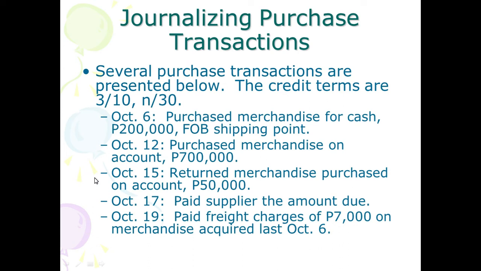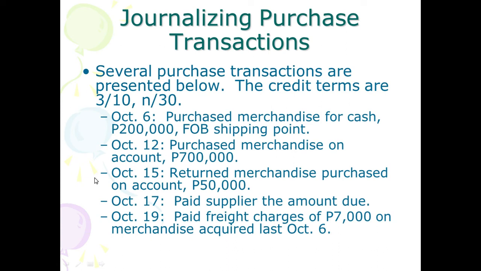And then on October 15, returned merchandise purchased on account, 50,000. October 17, you paid the supplier the amount due. And then October 19, you paid freight charges of 7,000 on the merchandise acquired last October 6.